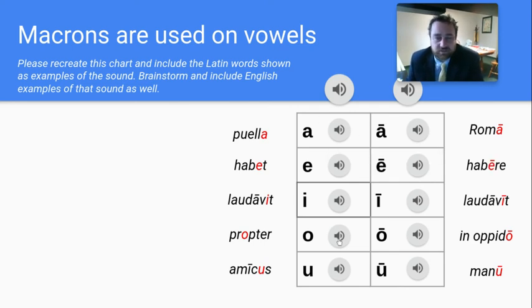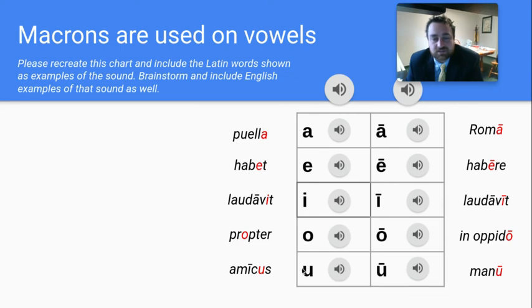Okay, let's move down to O. Propter. Inopido. So it's O as in prop or cop, and O as in opido, which means in the town.